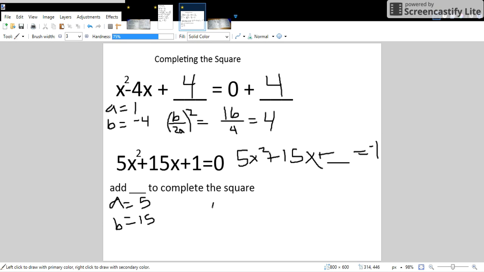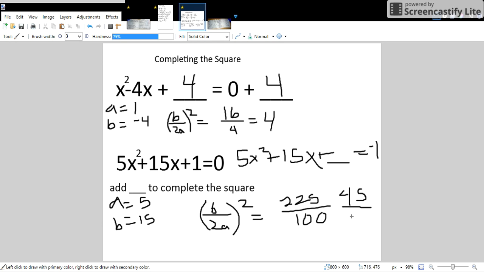So that something would be b over 2a squared, and that's going to give you 225 over 100. And again, you could reduce this by dividing by 5, for example. So 45 over 20.